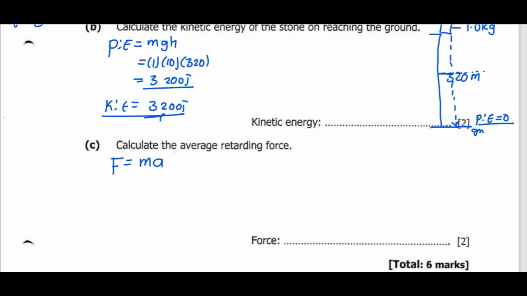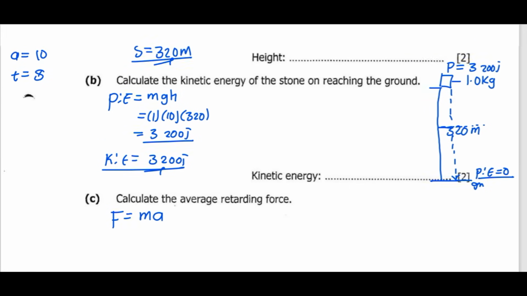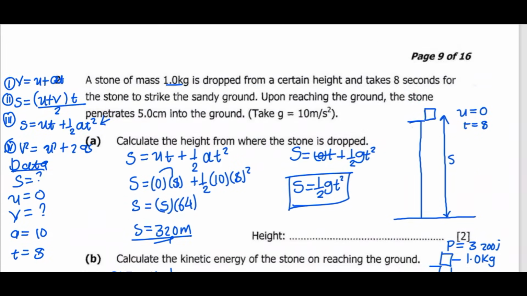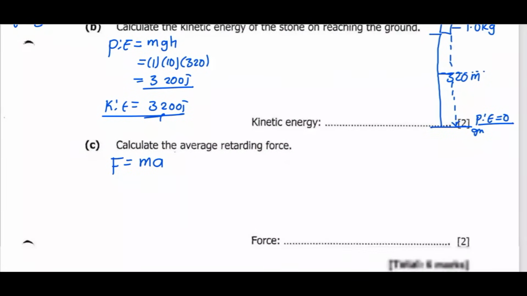Mass is given, so we need to find the acceleration. So let's go back, we'll see. Okay, so there is this point, the stone penetrates 5.0 centimeters into the ground. Okay, so this point is very important if we just miss it.